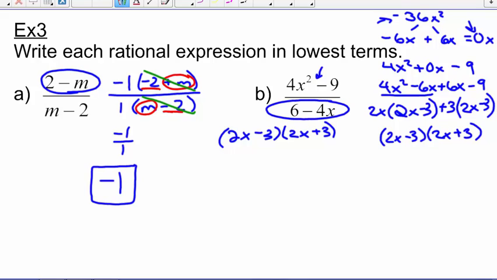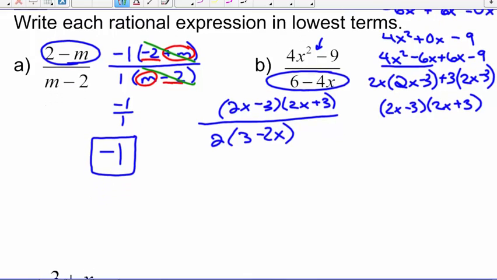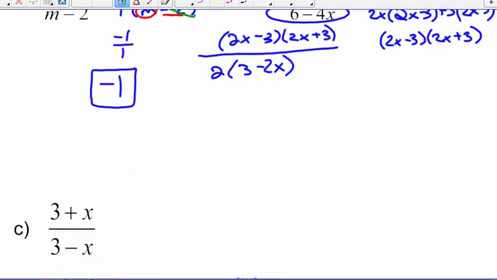In B, I look and I can pull out a 2 from there. So I have 3 minus 2x. Now if I look, they look similar, but they're not exactly the same. That's a 2x and a negative 2x, a negative 3 and a 3. So I think I have to pull out another negative from the bottom.